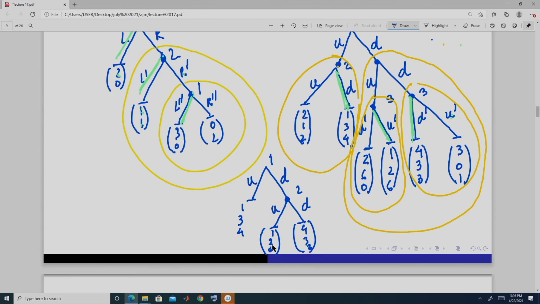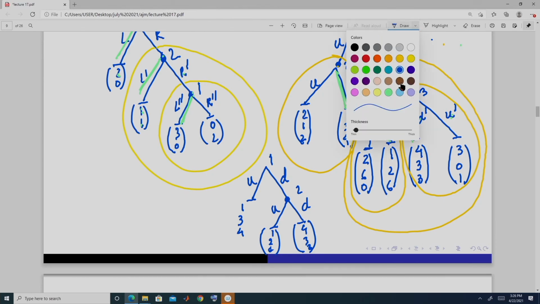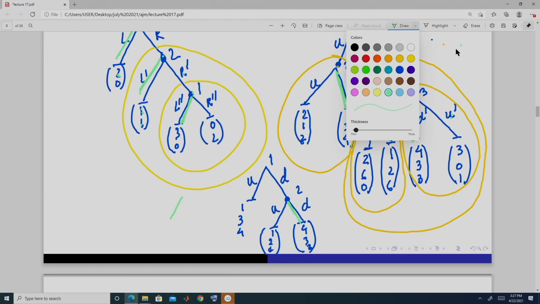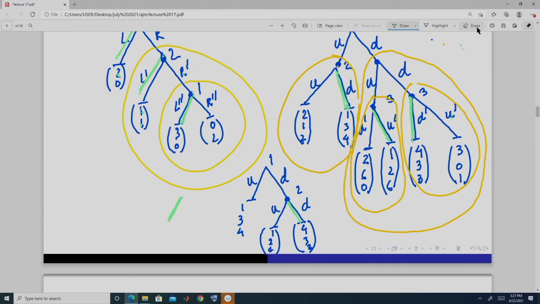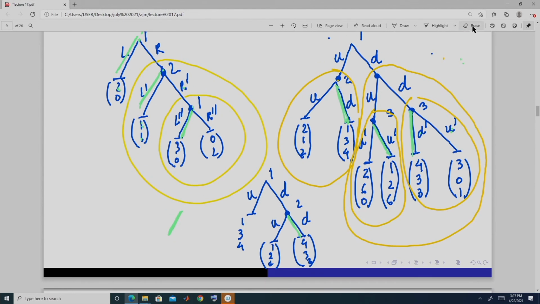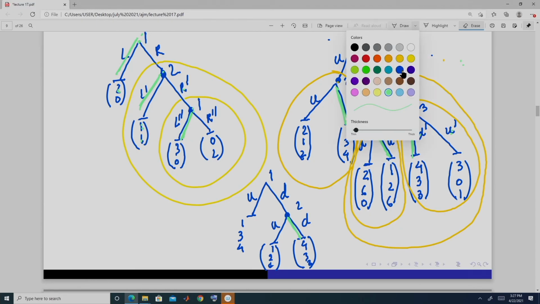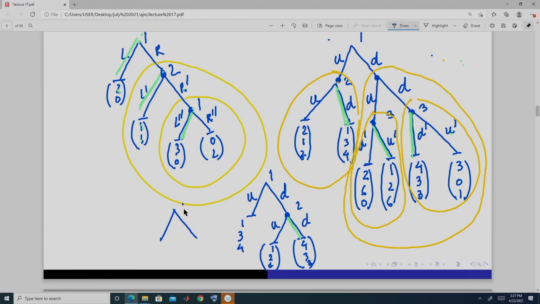So, player 2 compares 2 and 3. Player 2 is going to choose this, and here this is 4 3 3.